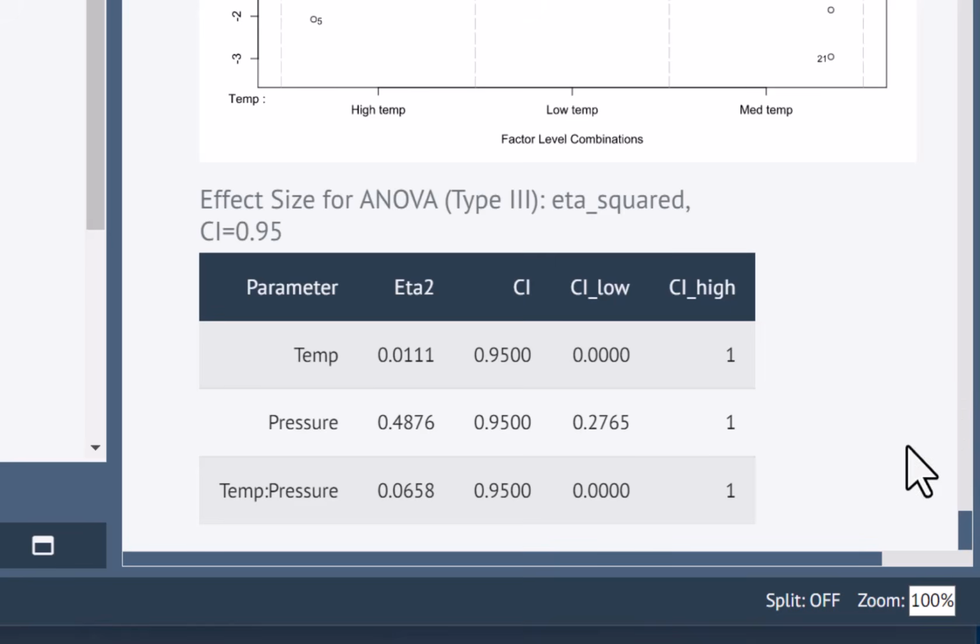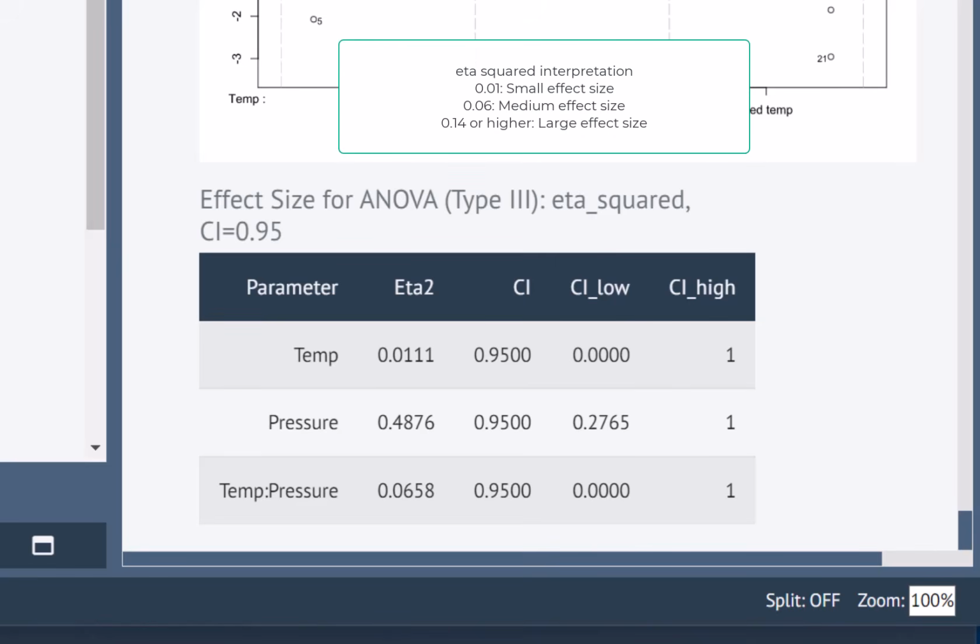Finally, we have the eta squared table. Eta squared is a measure of the proportion of variance associated with the main effects and interactions in an ANOVA model. The value of eta squared will range from 0 to 1, where values closer to 1 indicate a higher proportion of variance that can be explained by a given variable in the model.